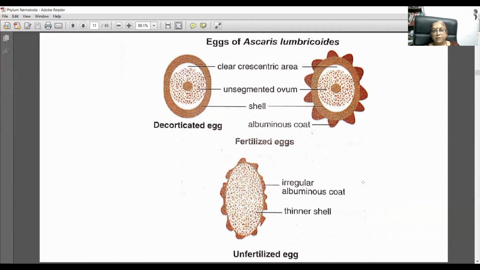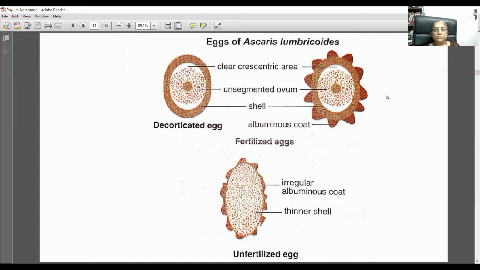Secondly, the female lays 2 lakh eggs per day, and they can be decorticated eggs, fertilized eggs, or unfertilized eggs. Now, the decorticated eggs are not going to get embryonated. They are of no use for continuing the further life cycle.